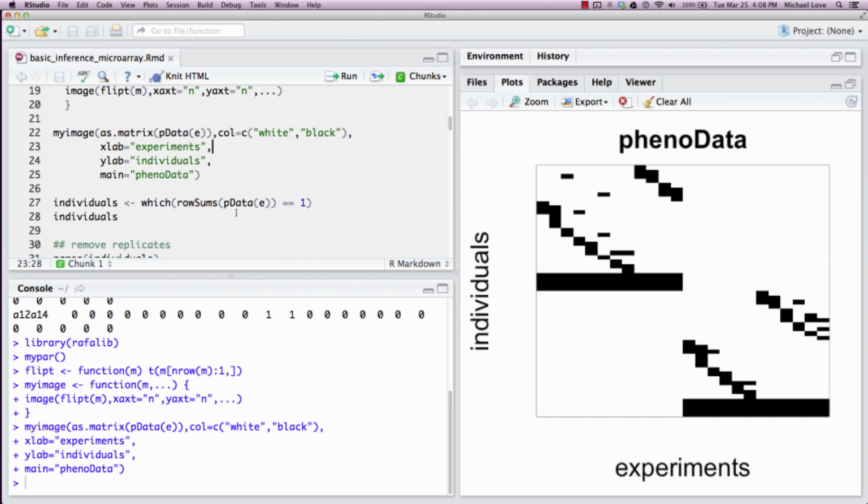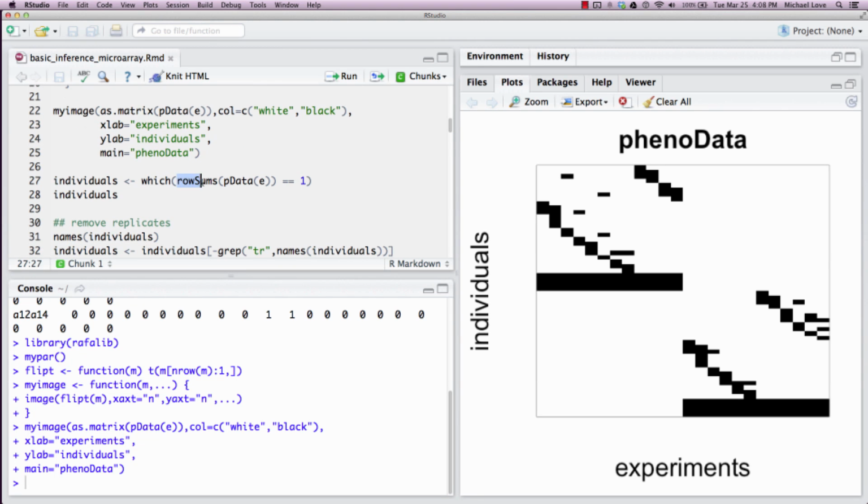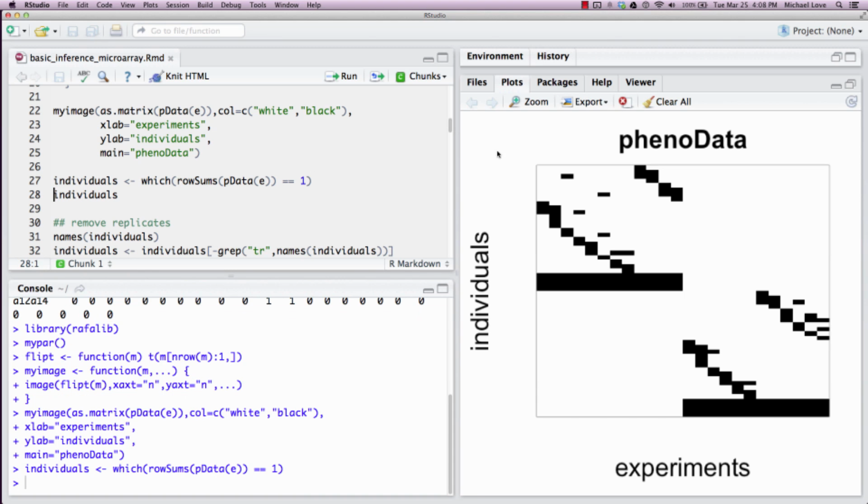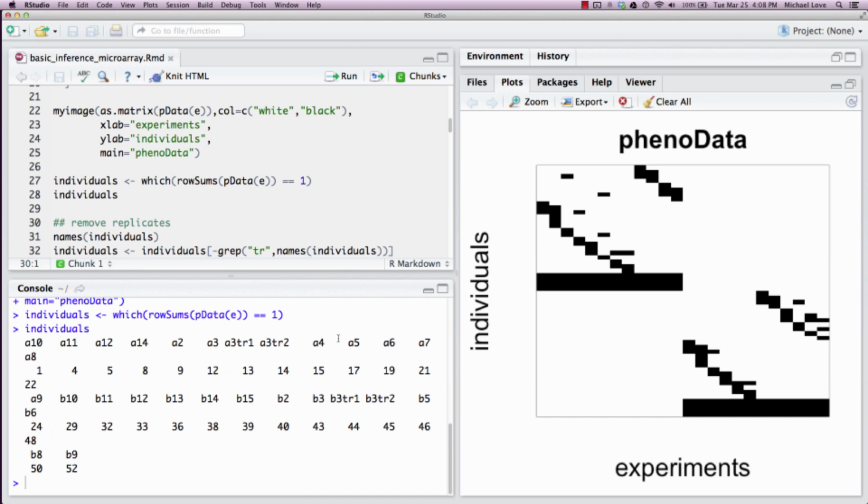So we want to get rid of these stripes. So we can take the row sums of this table, and we're just interested in those rows where the row sum equals 1, so where there's only a single value in the row. And then that gives us these values.